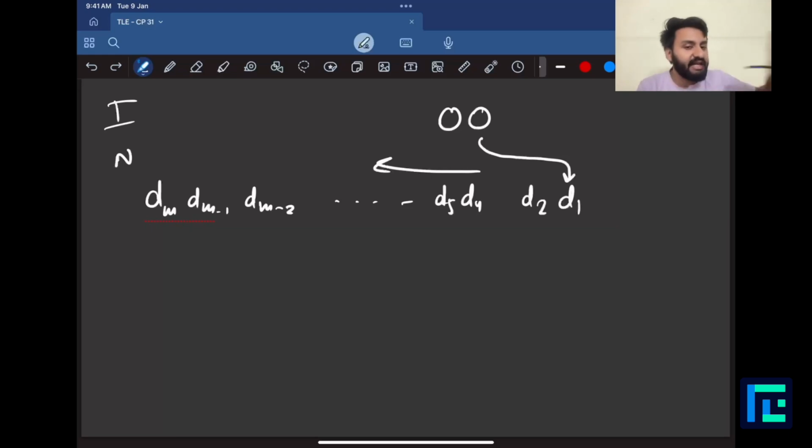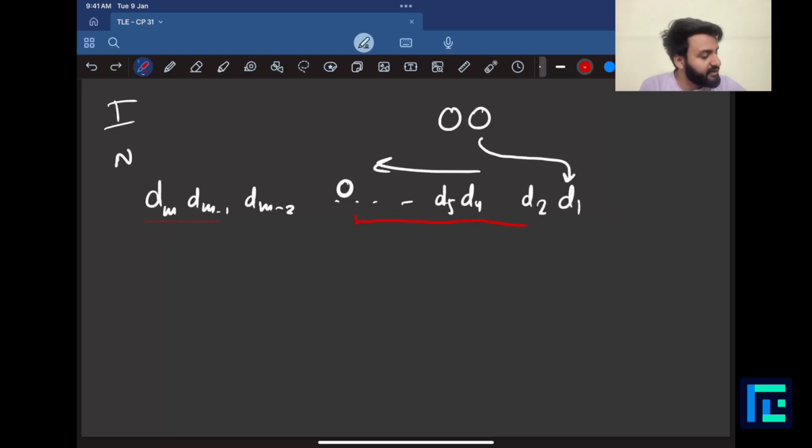That means if there is some 0 in these digits, let's say there is a 0 over here. So what do I want to do? I'll mark this with red. I want to remove all the digits, let's say D1 is also not a 0.